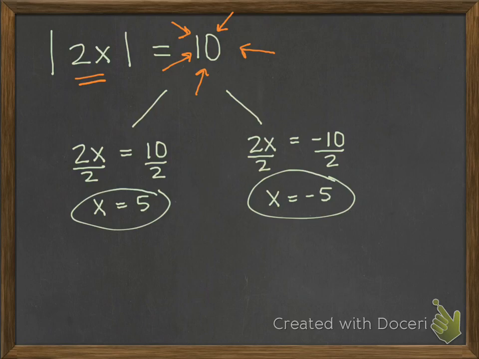But we do not change whatever is inside of the absolute value sign. And we solve, and we should get two solutions in this case. There will be some times where we get one solution or no solution, but we will talk about that in later videos.